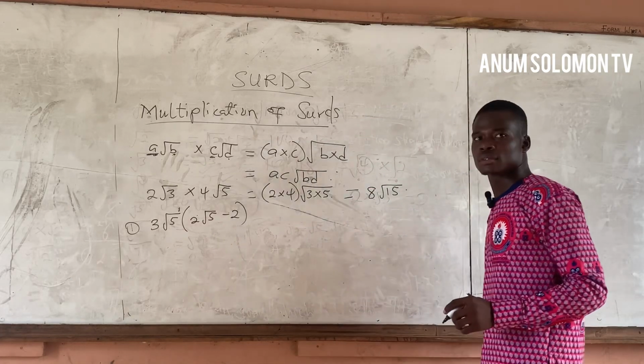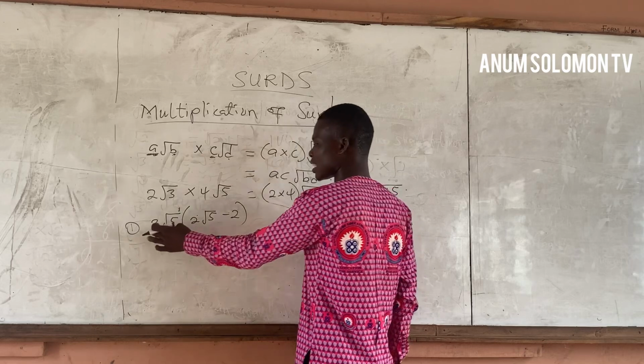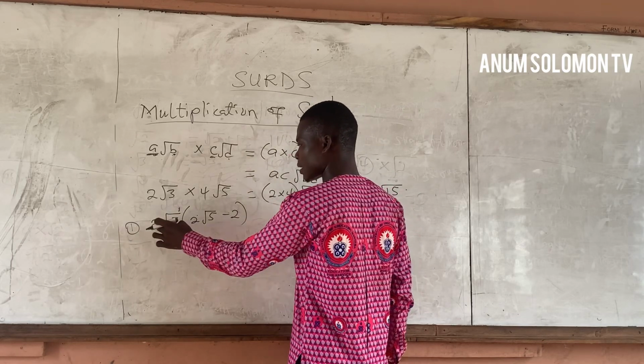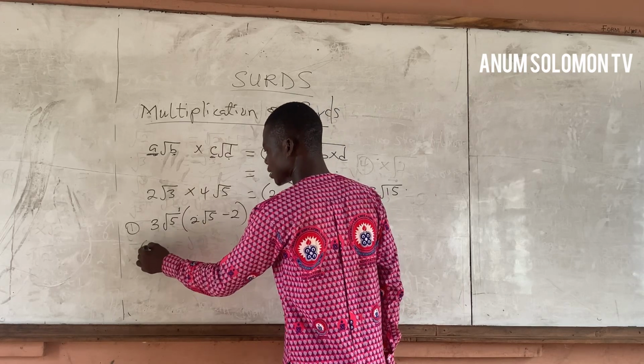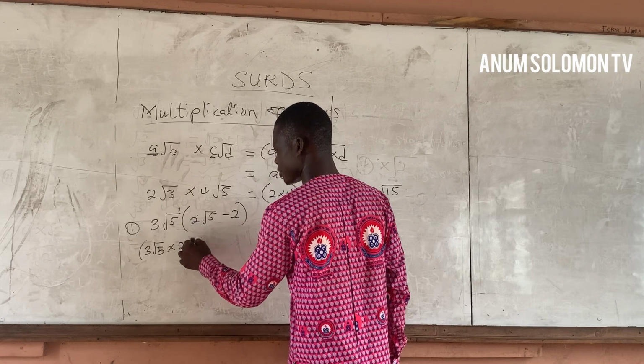So now, let's move on. Meaning we are going to use the term outside the bracket to multiply each of the terms inside. So when I pick 3 root 5, it's like 3 root 5 times 2 root 5.